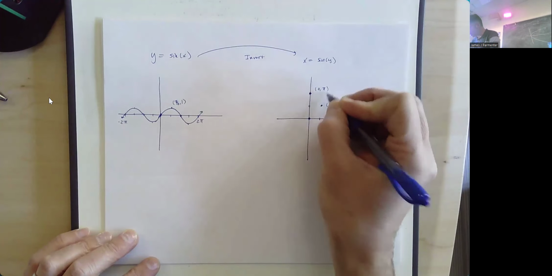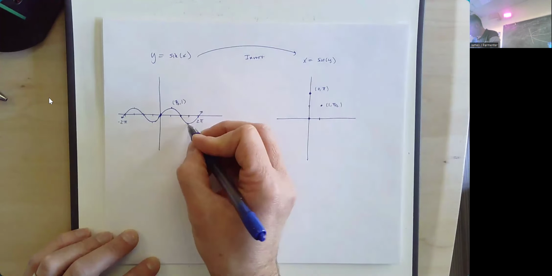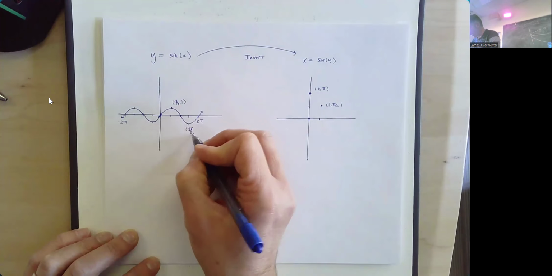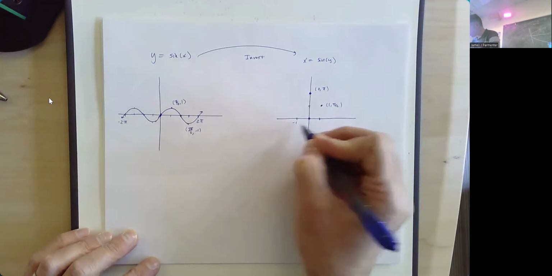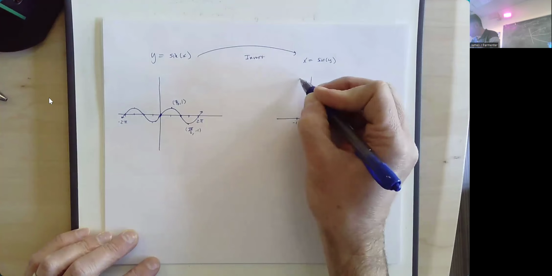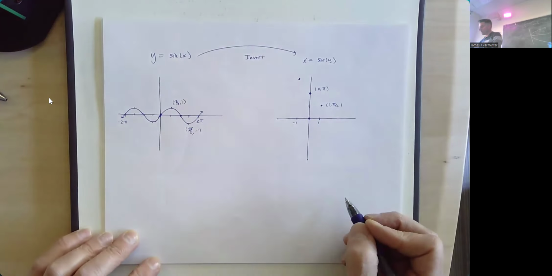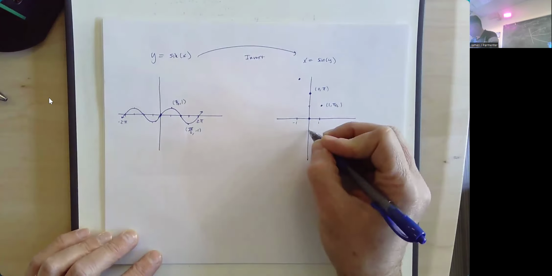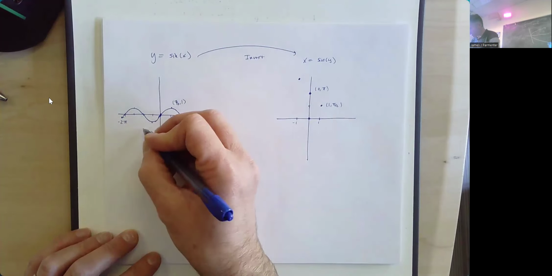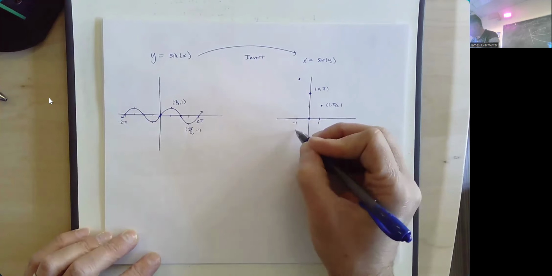We'll do one more up. Instead of 3 pi over 2, comma negative 1, I get negative 1, comma 3 pi over 2. I'll go down a little bit too. I get negative pi over 2, comma negative 1, or I should say negative 1, negative pi over 2.